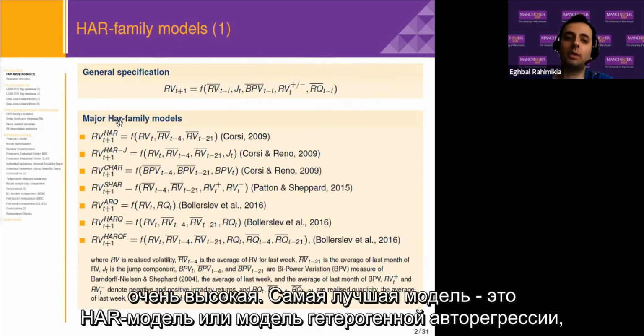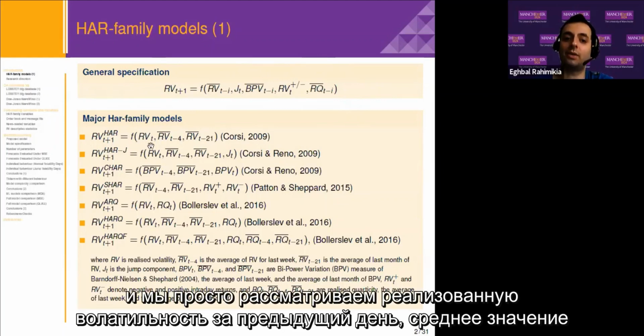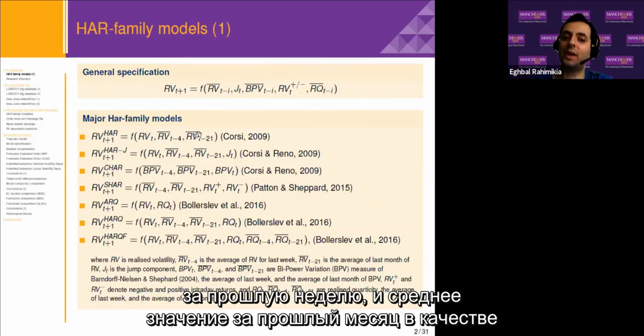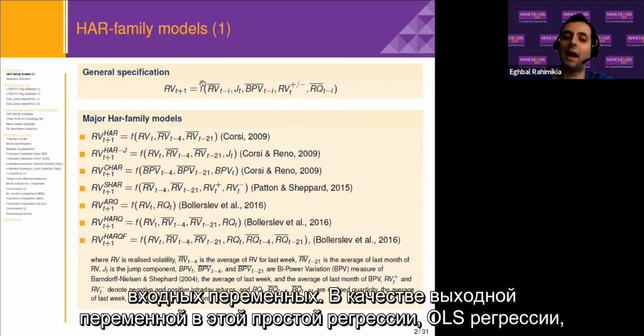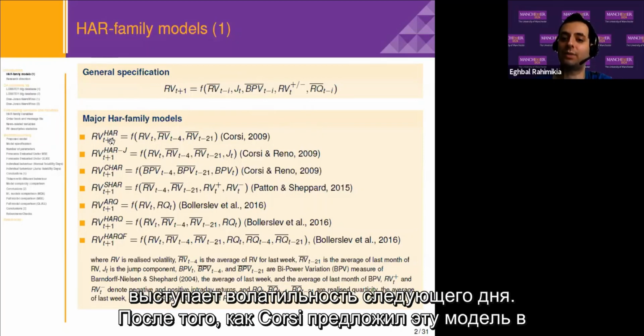The base model is the HAR model, or heterogeneous autoregressive model, and it just considers the previous day's realized volatility, the average of the last week and the average of the last month as input variables, and the output variable in this simple OLS regression is the volatility of the next day.